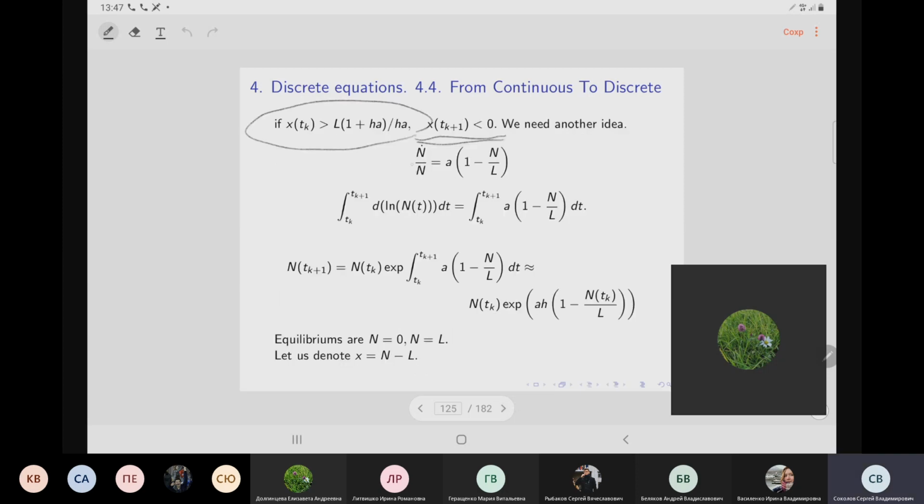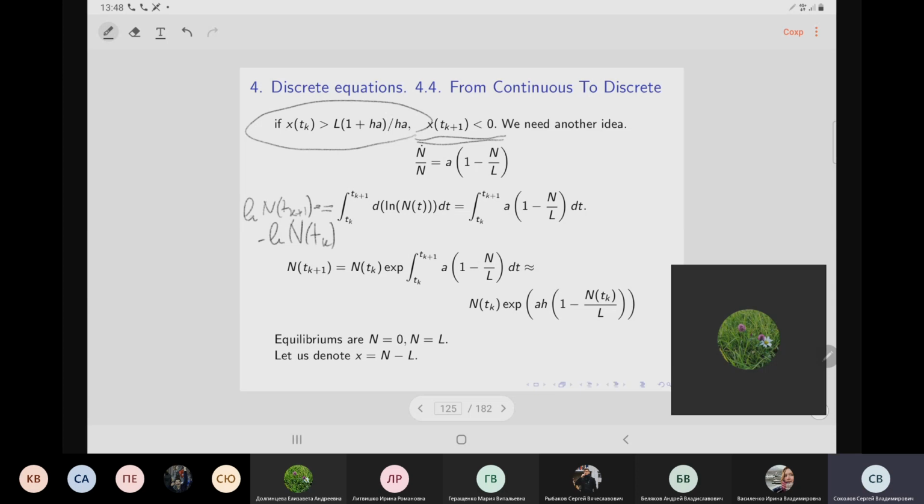Then we can integrate from tk to tk plus 1. The integration in the left-hand side gives us logarithm of n of tk plus 1 minus logarithm of n of tk.